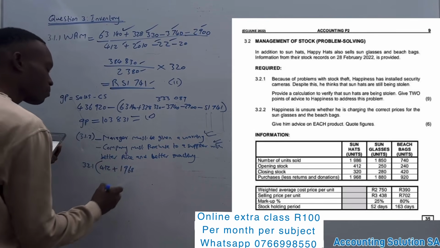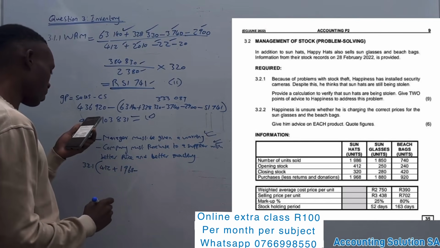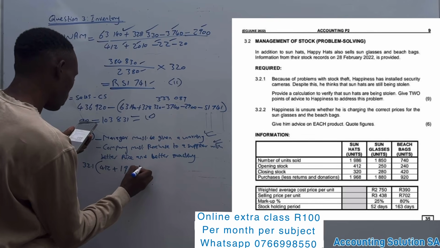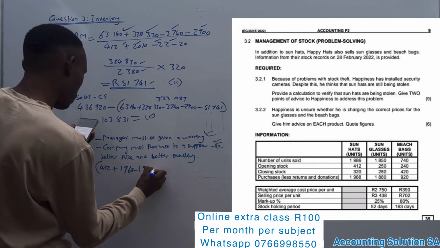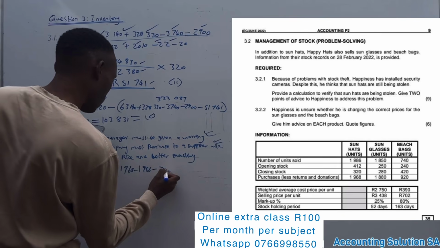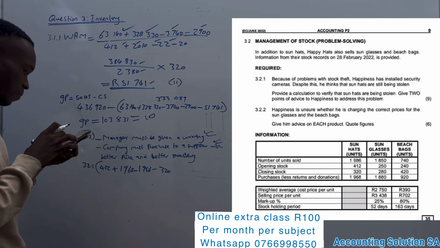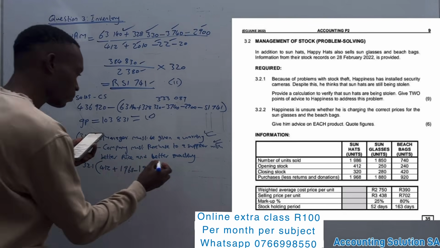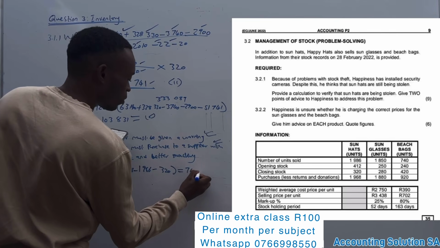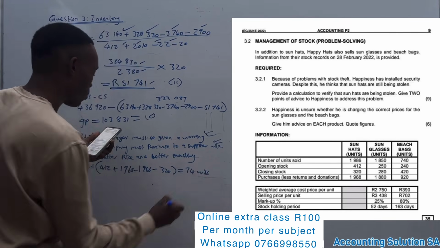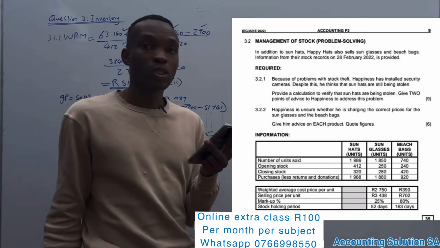It's like a net purchase after we return. Now we have to subtract what we sold, which is 1,986, and after that we have to subtract a closing of 320. So this will give us the number of goods that have been stolen, which is 74 units. Now we can confirm to the owner that 74 units have been stolen.